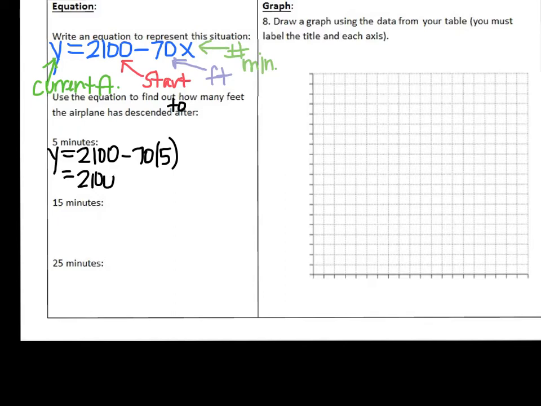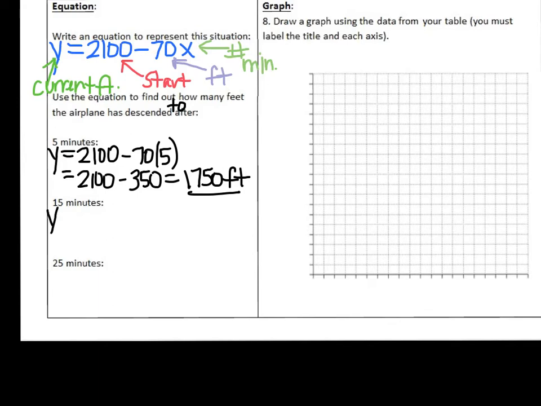Now remember, according to order of operations, we always have to perform multiplication and division before we add or subtract. So we're going to do 70 times 5, and then we're going to subtract that from 2100, and that leaves us at 1,750 feet. So after 5 minutes, the airplane has descended to 1,750 feet.